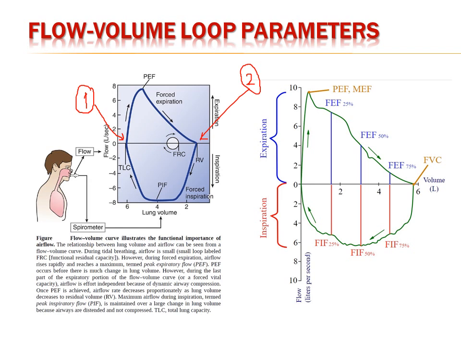By this, the loop will be closed. What you need to observe now are two very important points. The first point is that the upper part of the curve has a pointed peak, which we call the peak expiratory flow, or the maximal expiratory flow, while the maximal value in the lower part of the curve is not pointed.